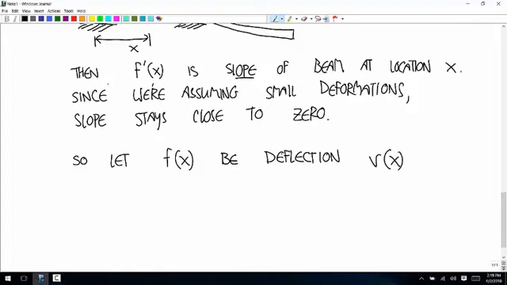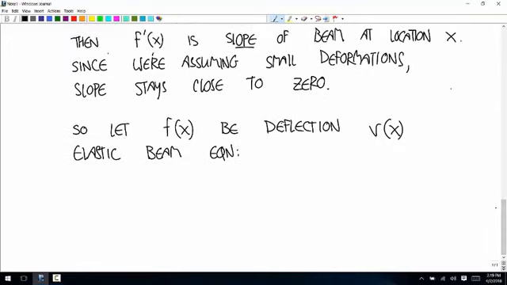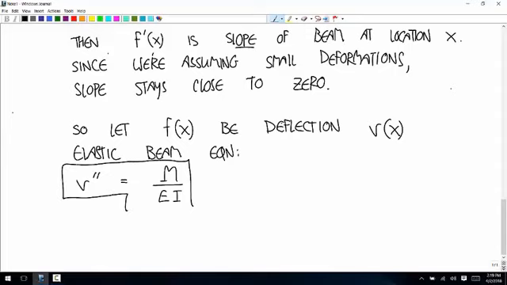Okay, so what do we know? Then the elastic beams equation says the deflection double prime is equal to the bending moment divided by EI. And this has to hold for every x value.